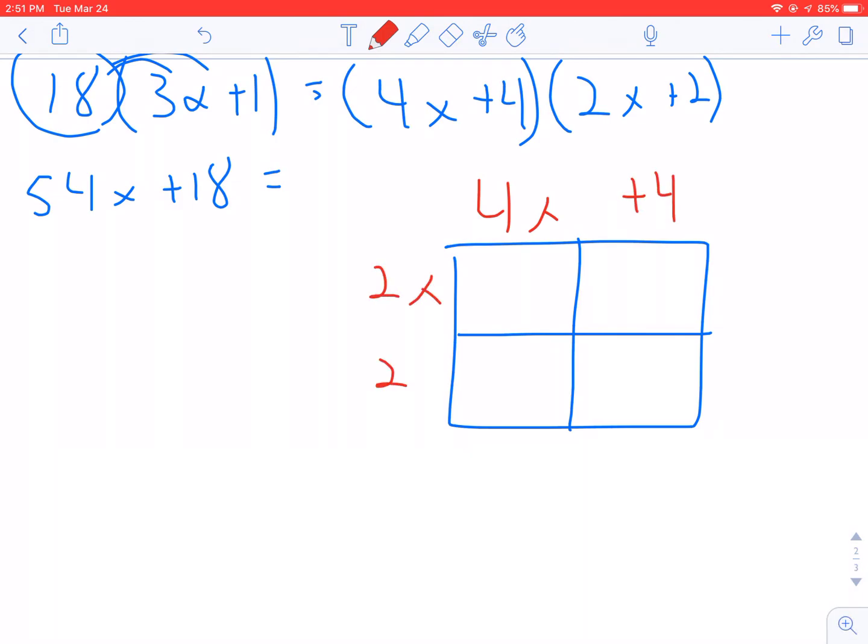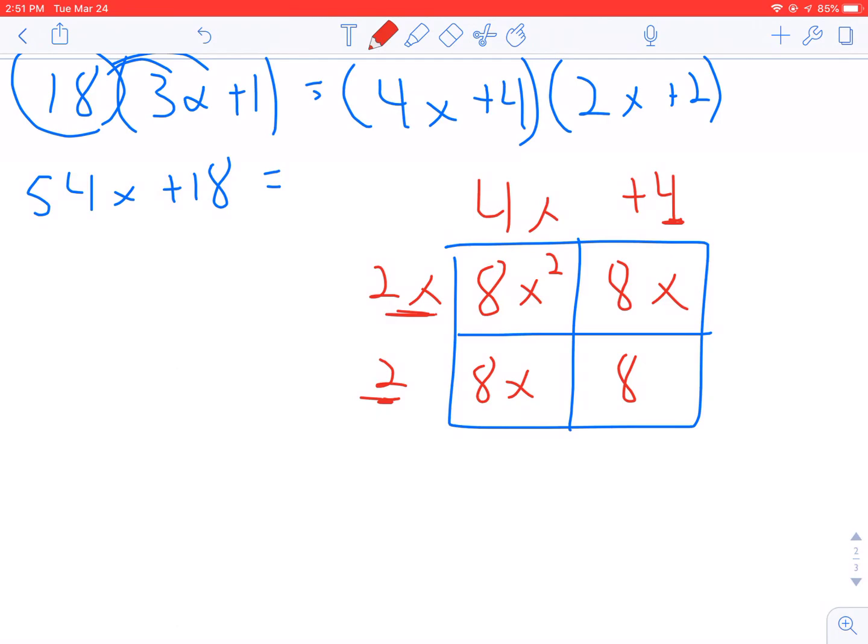So copy down our value. Again, to get inside the box, you need to multiply the terms that are outside of it. So 2x times 4x gives you 8x squared. 2 times 4 gives you 8x. Now to work in the top right, 2x times 4 is 8x, and to get the bottom right, 2 times 4 is 8. Crazy 8s here.